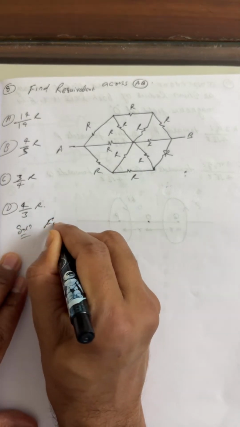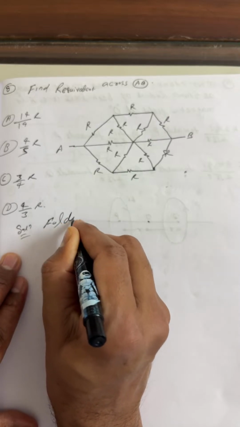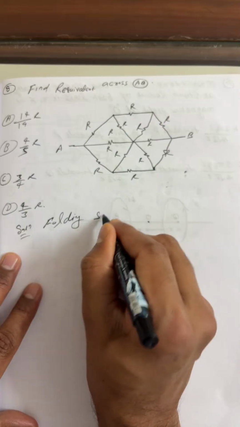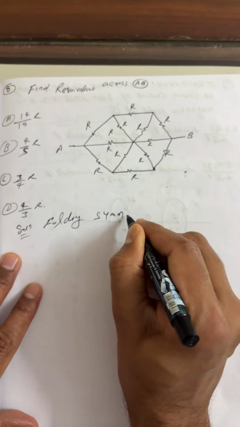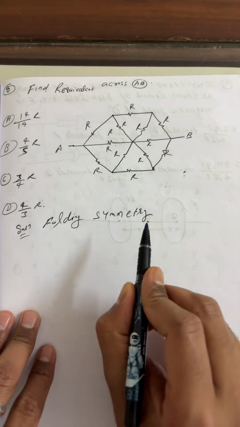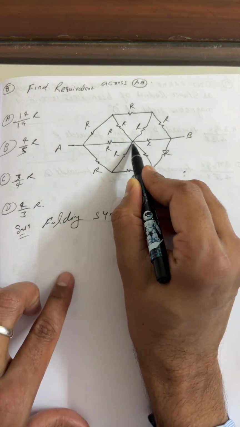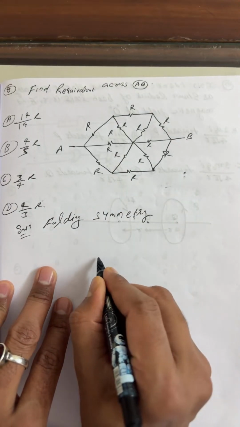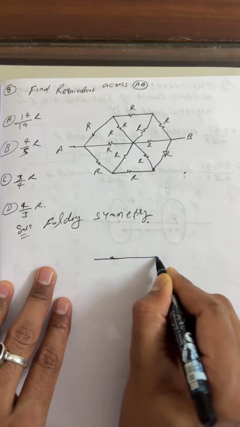This is folding symmetry. What is the meaning of this concept? You can just fold from here. First, you have to redraw the circuit, and if you redraw it you will get it like this.